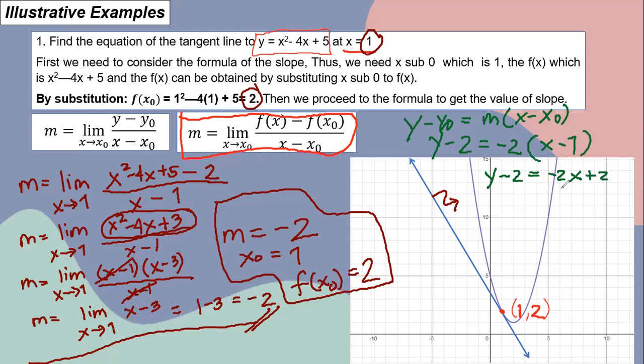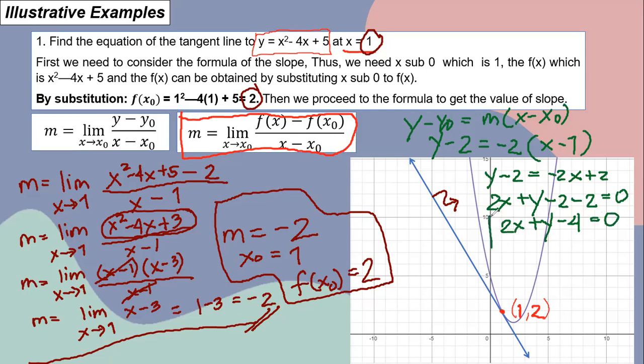Okay, so let's move terms to the same side of our equation. So I move the negative 2x, making it 2x plus y minus 2. Okay, I move the positive 2 from the right to the left, so it becomes negative 2 is equal to 0. Okay, so we have 2x plus y minus 4 is equal to 0.